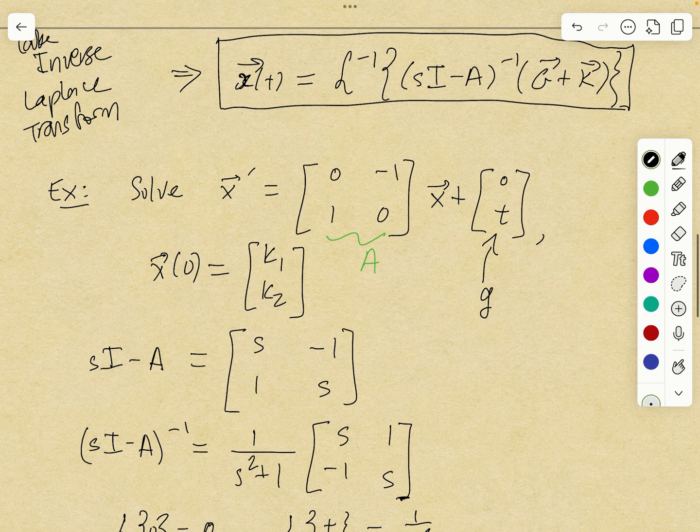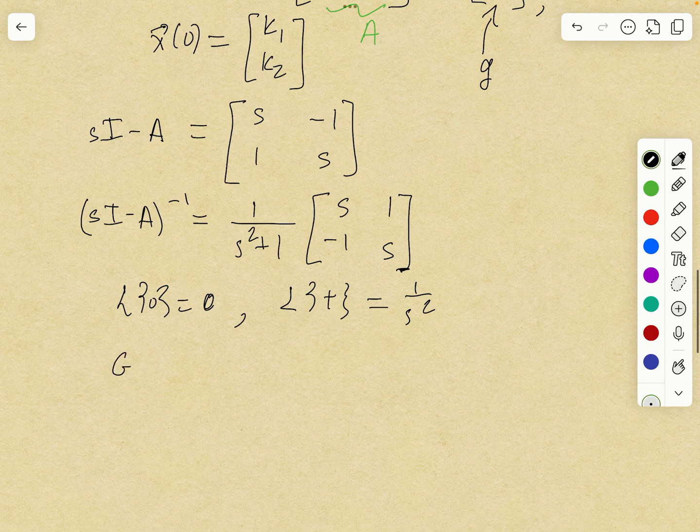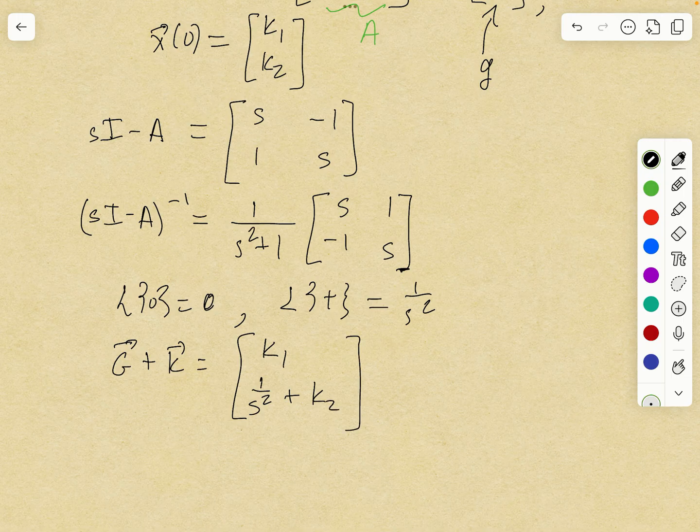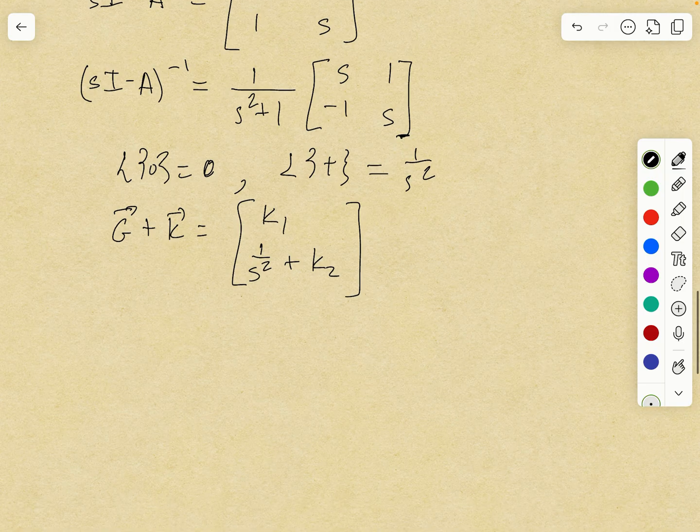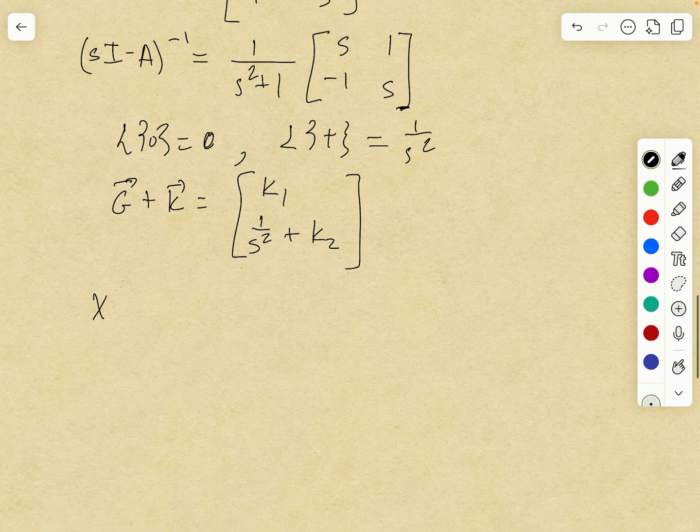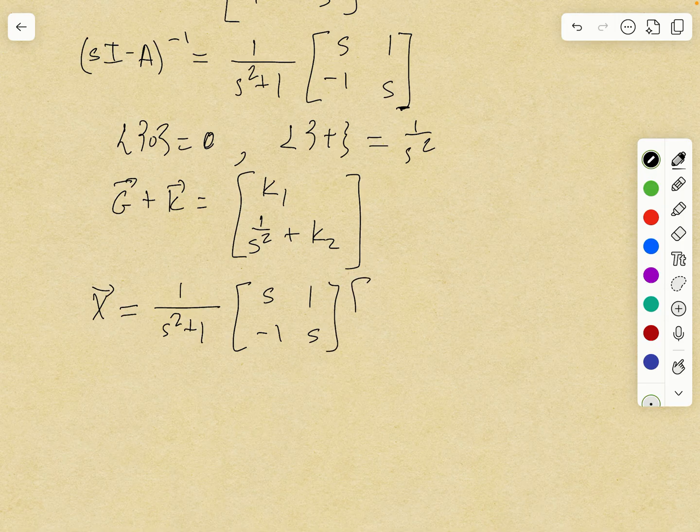So now I need my G plus K. My G plus K vector is 0 plus K1, and then 1 over S squared plus K2. So that implies that my capital X is 1 over S squared plus 1 times this matrix times this vector.